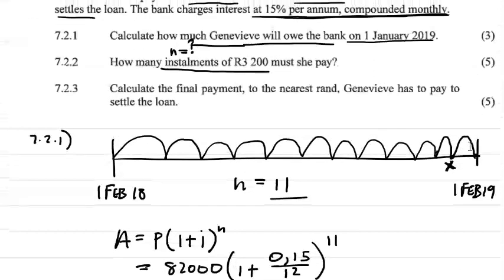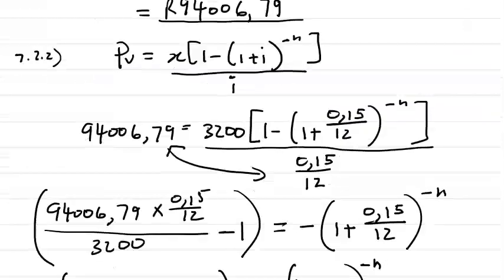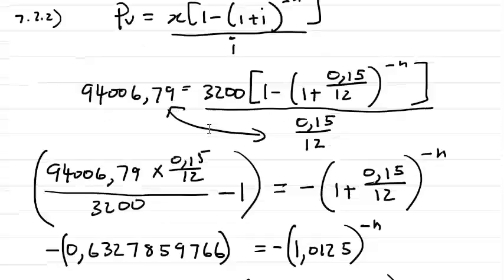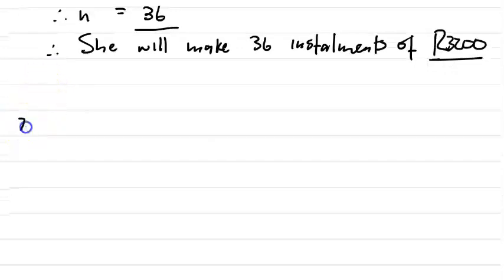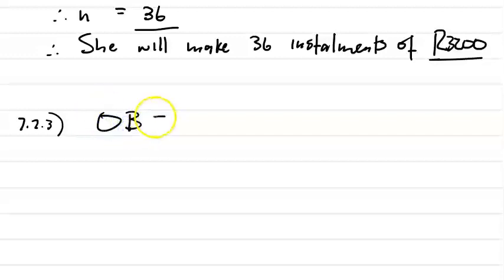Which now brings us to the next question. The next question says, calculate the final payment to the nearest rand Genevieve has to pay to settle the loan. So in order to calculate the final payment, which is 7.2.3, remember, what we have to do is calculate the outstanding balance on the loan, which is outstanding balance equals A minus FV, for n equals 36.